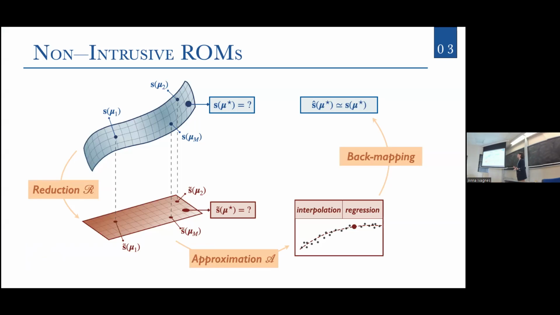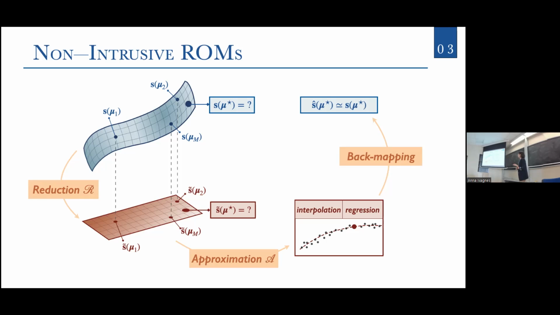So, okay, this is a very schematic view of how non-intrusive reduced order models work. You have an initial manifold, which is your solution manifold. You have your solution S, which is a function of a specific parameter, one or more parameters mu.